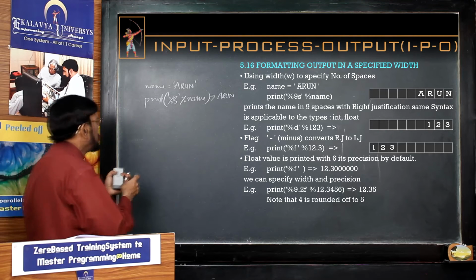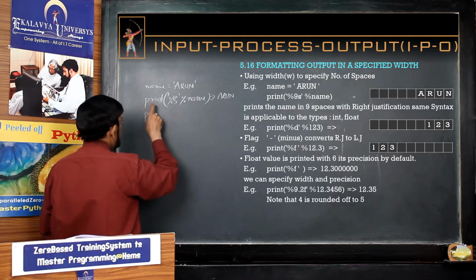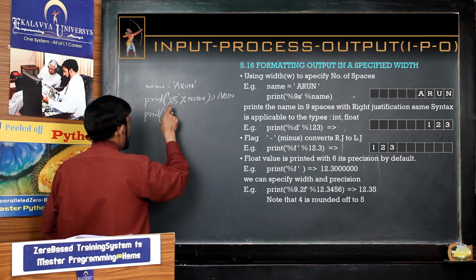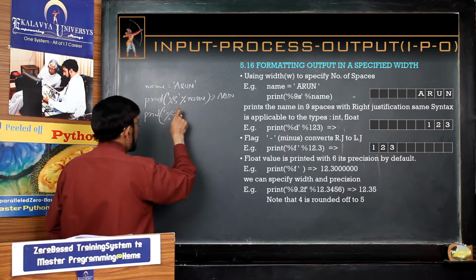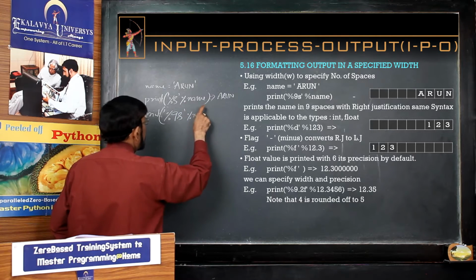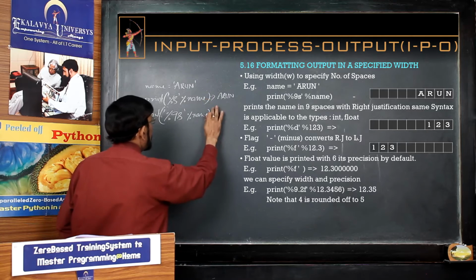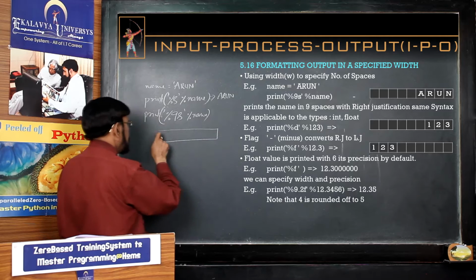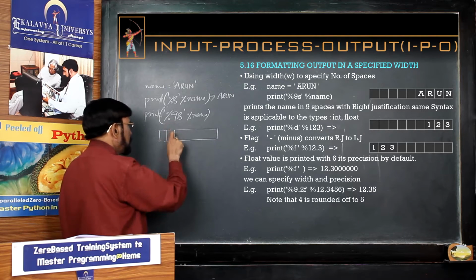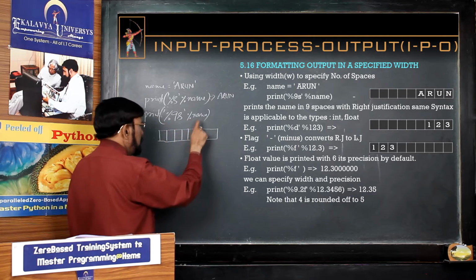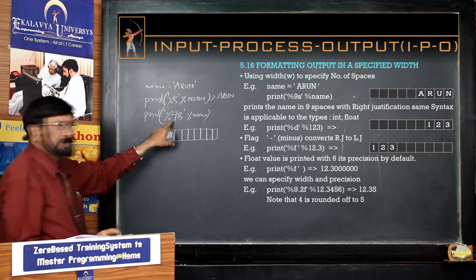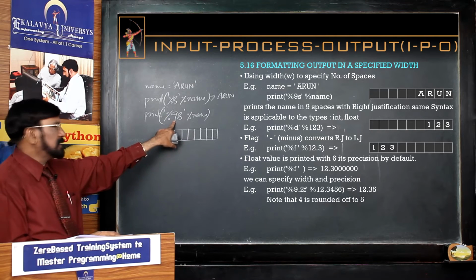That point you have to remember, and now you see that print percentage 9s, name, I have written. What is the meaning of this? 9 spaces are to be allocated, totally 9. 1, 2, 3, 4, 5, 6, 7, 8, 9. 9 spaces as a result of width. This is a width specifier.